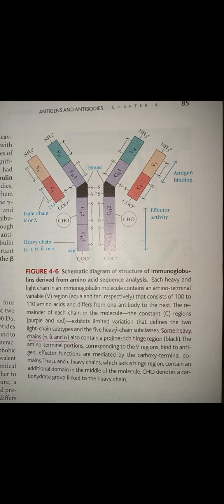Hinge region, antigen binding, effector activity, then light chain, kappa or lambda, heavy chain, mu, gamma, alpha, delta or epsilon.